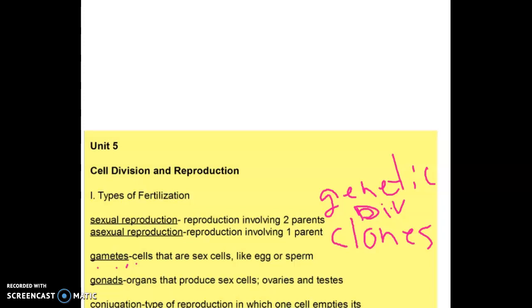There's a lot of energy spent finding a mate, and sometimes if populations are low, it might be difficult to even find a mate. But of all the negative sides of sexual reproduction, the benefit of that genetic diversity so greatly outweighs the downside.